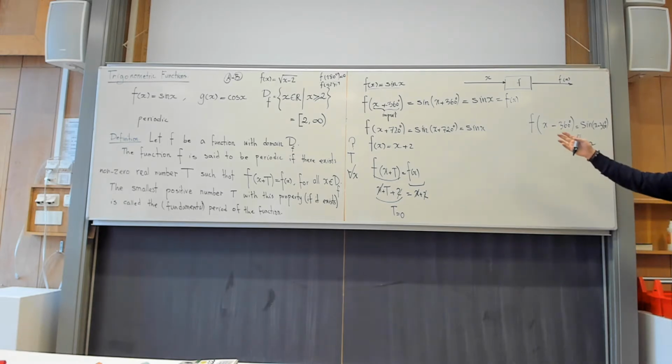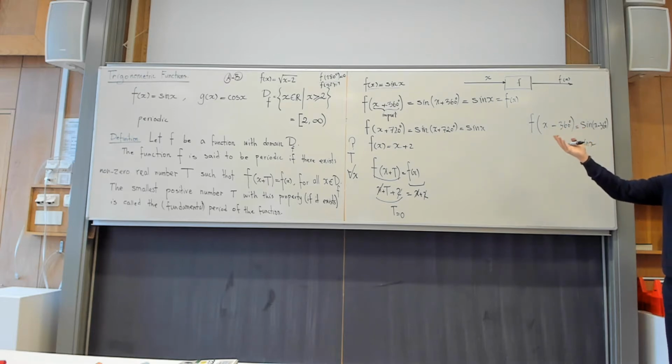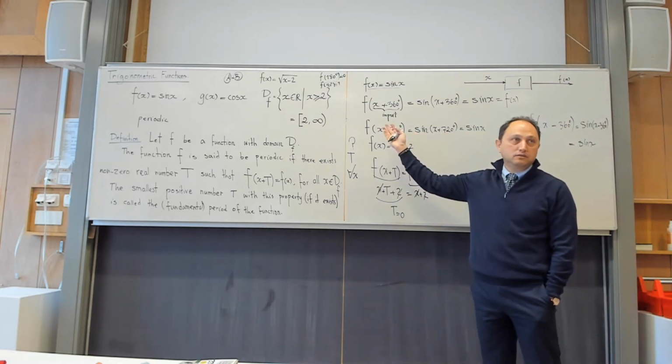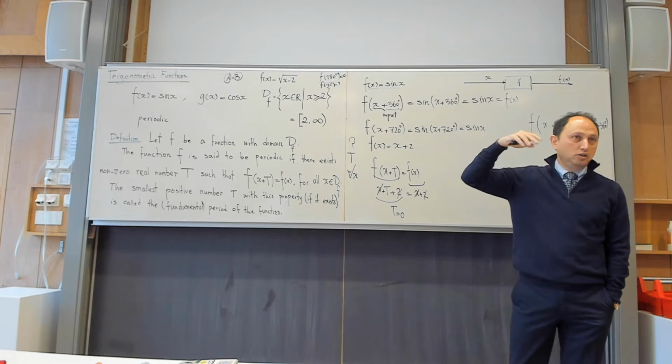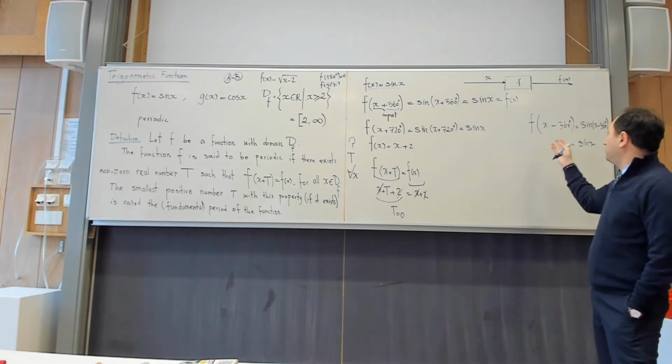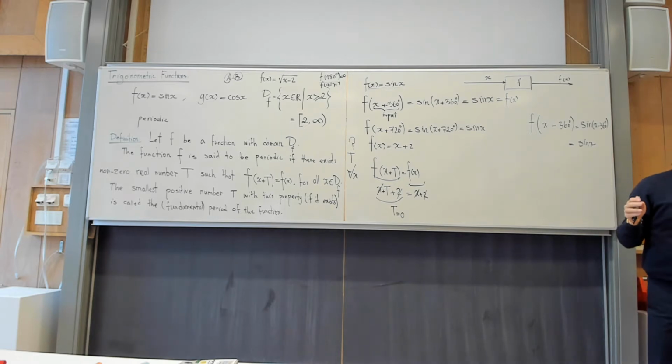Okay, so can you immediately guess how many positive numbers you can present here with the same property? How many? Infinitely many, yes? You can just add one round into it. And how many negative numbers can you imagine? The same.